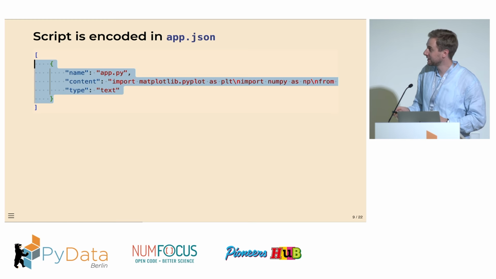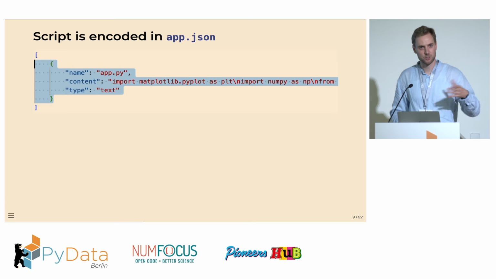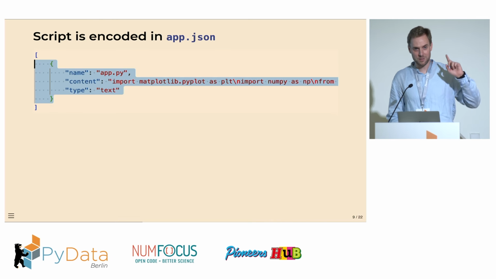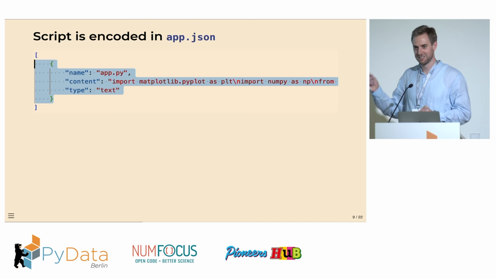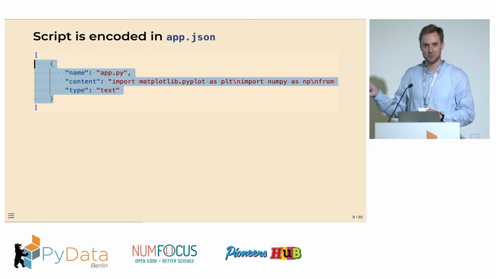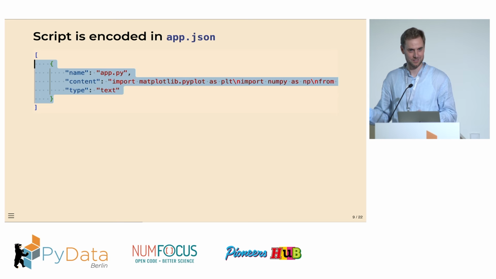It's very long, but as you can see, what happens at the top is it imports matplotlib as plt, import NumPy, and so on. So this is exactly just the Python code, right? So the first thing you might realize here, oh my God, everything I put in my Python script is in this app.json, right? And if you deploy this as a public website, then this will be public. Keep that in mind.